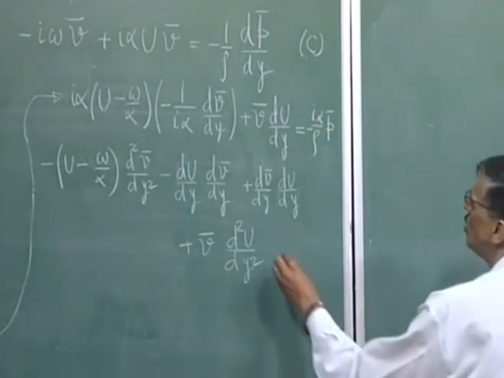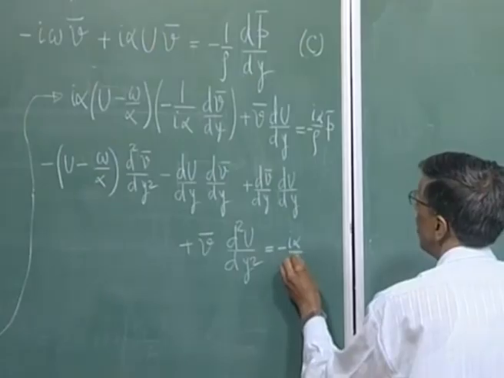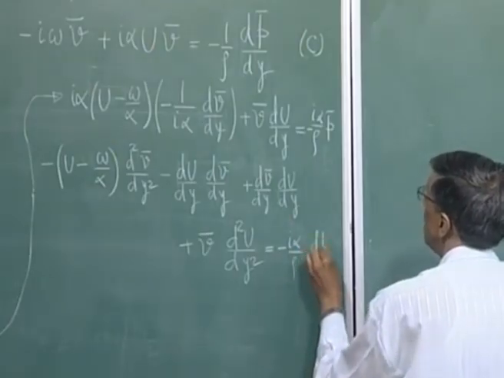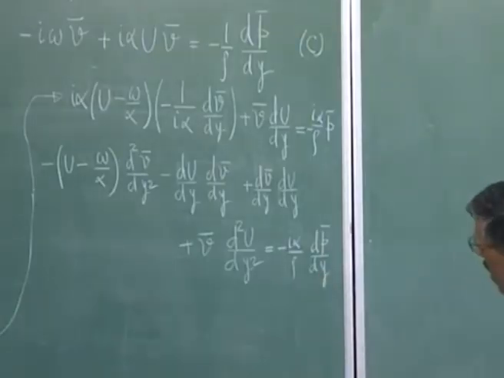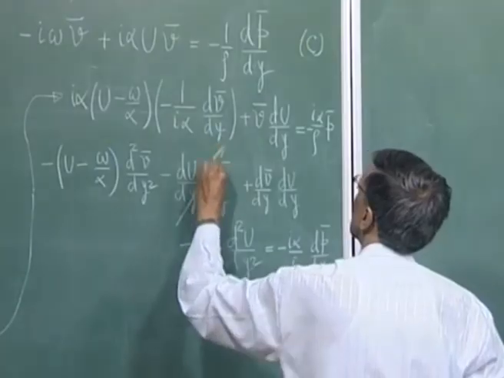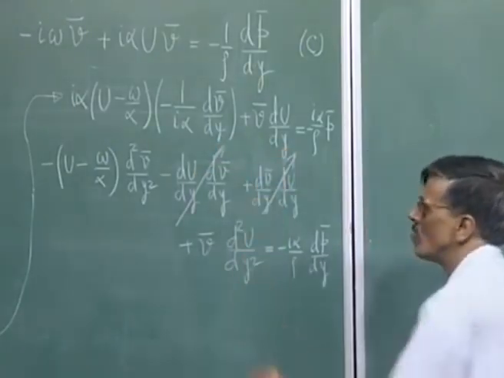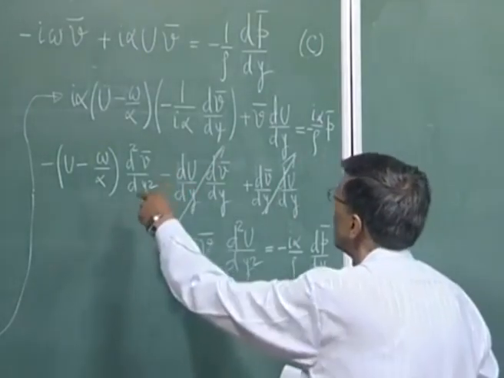That will be equal to minus I alpha by rho dP bar dy. So of course you can see these two terms cancel out, right?